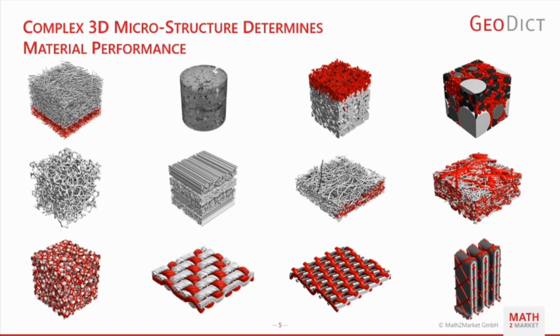Now the term material can mean a lot of things, and I have to tell you what kind of materials we are talking about. It's not the chemical structure, for example, new polymers that we are designing. What we mean with material is a porous material or composite material where the microstructure of the material determines the performance.